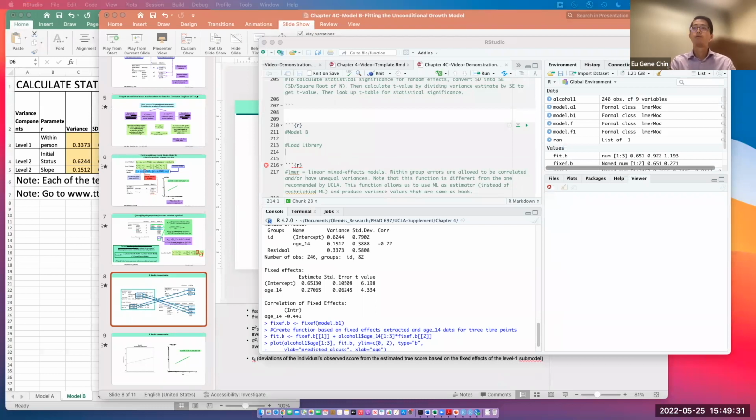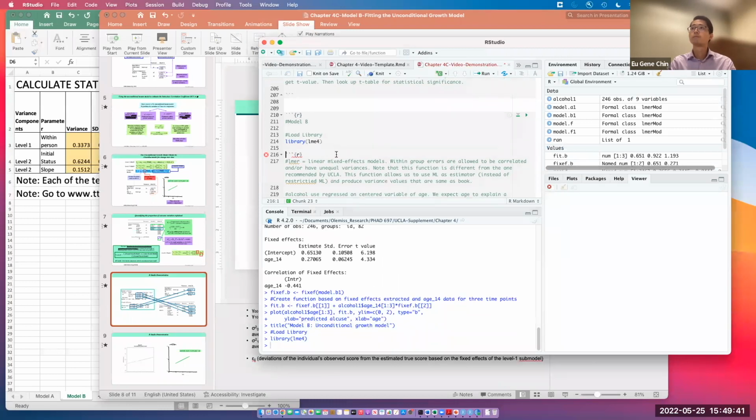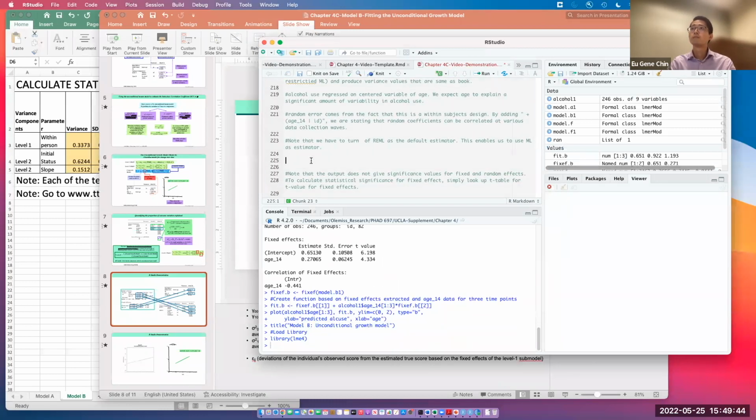So first of all, you want to load the library. It's lme4. And we are going to use the lmer function. Let's call this model.b1. We use the centered variable for time, which is age 14.